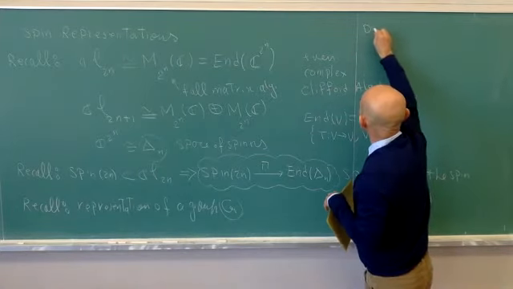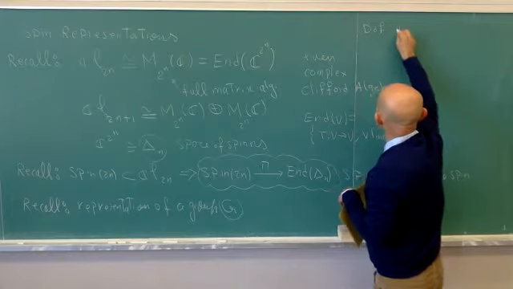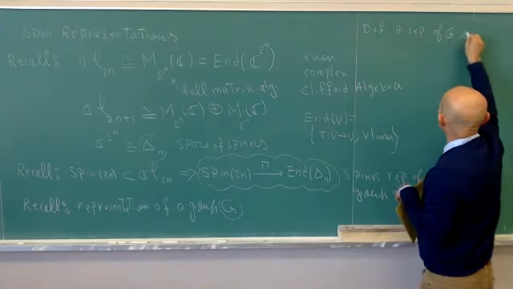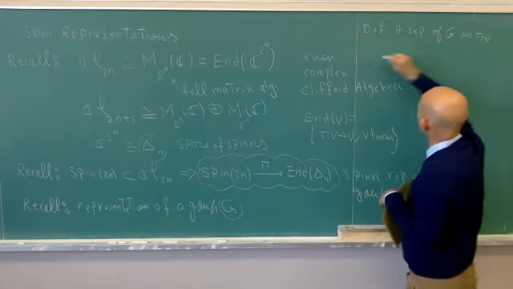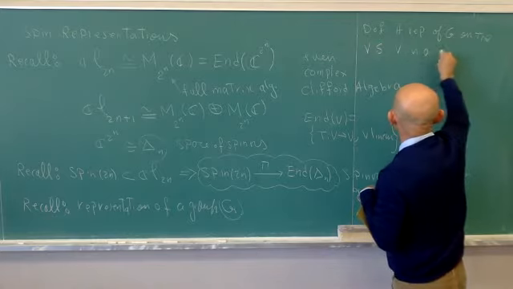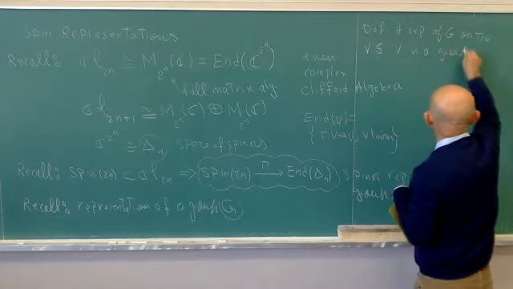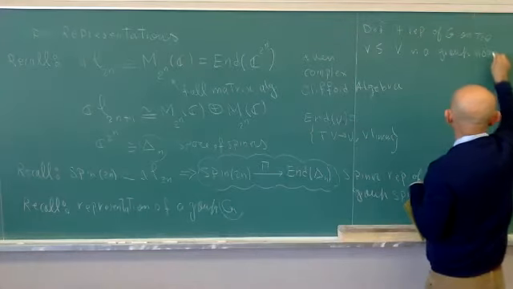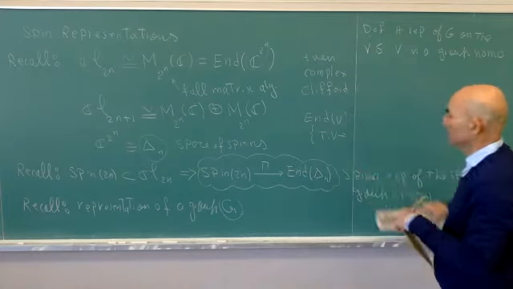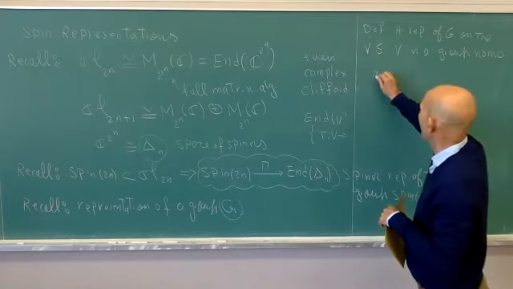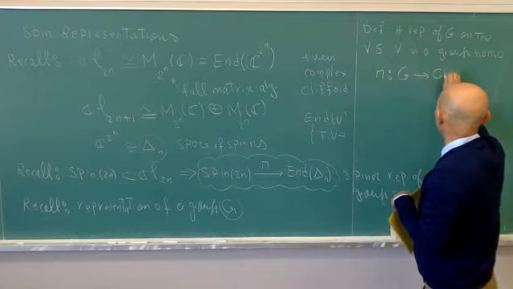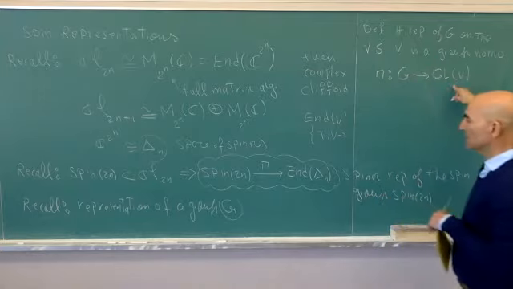By definition, a representation of G on the vector space V is a group homomorphism. I can write this group homomorphism in general as pi, from G to GLV. So what is this GLV?